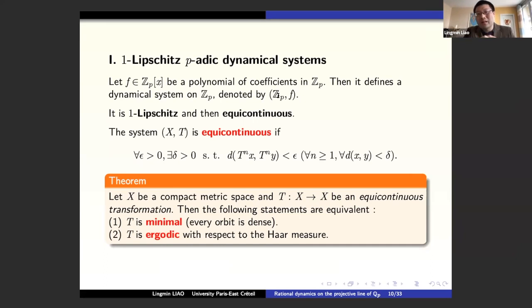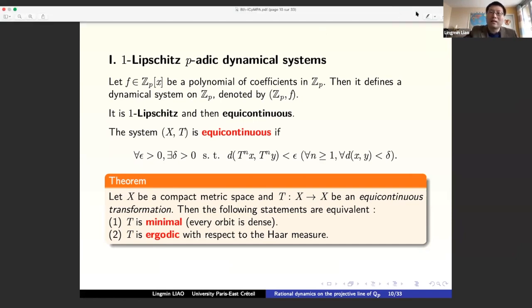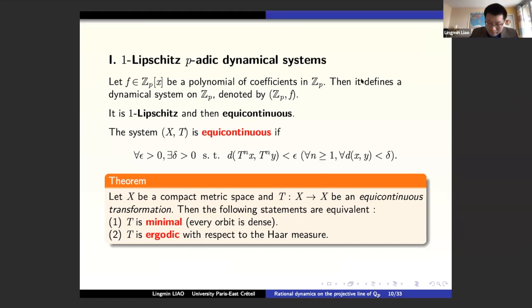So this defines a dynamical system, and it is one Lipschitz because if you take the difference f(x) minus f(y), the constant term will be cancelled. Then there are many terms with x minus y as a common factor, and the other parts have integer coefficients, so they are in Z_p. Then you will see the distance is smaller than 1, and this is one Lipschitz. So it's just an easy fact.